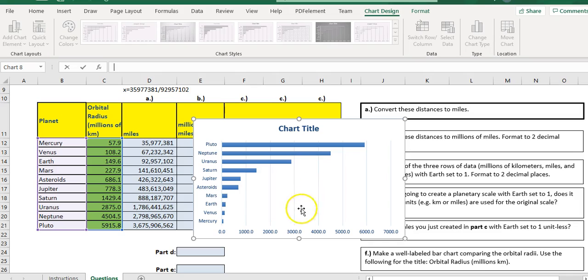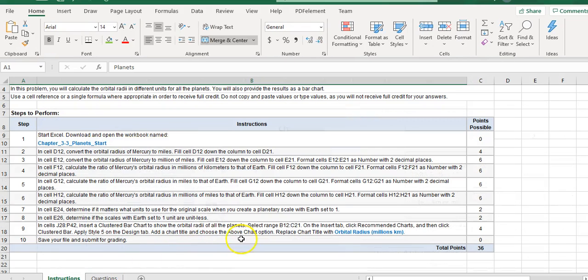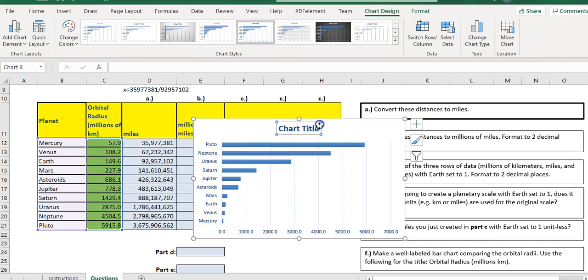And then let's look at our next directions. Our next directions say add a chart title and choose above the chart and replace it with orbital radius millions of kilometers. So we're going to change this title to say orbital radius, and then in parentheses, millions kilometer.